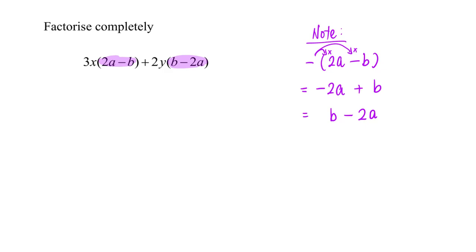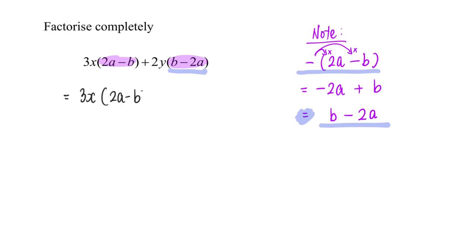Then I saw something, okay, that b minus 2a and negative 2a minus b are equal to each other, and therefore you will see Mr. Tan here writing this down.